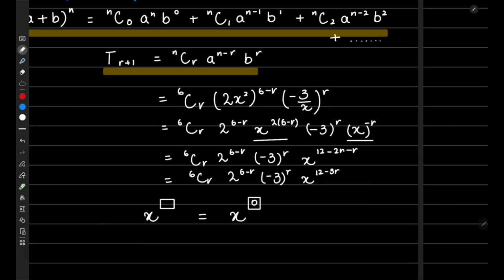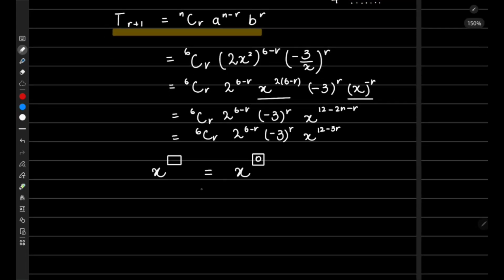Okay, we combine all the x terms together, so we substitute them here: 12 - 3r.